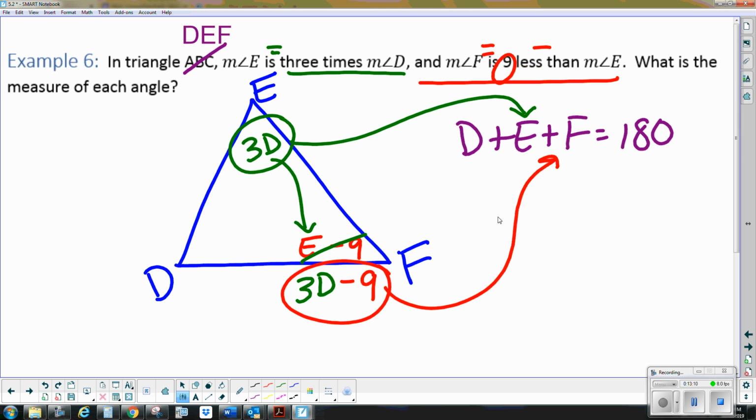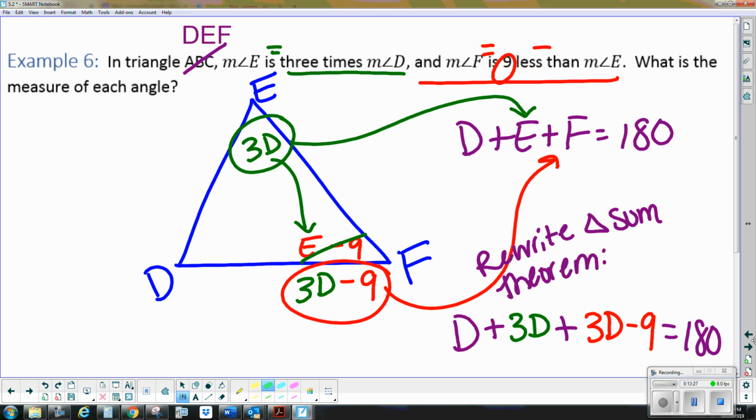So I'm just going to rewrite this now. I have D plus 3D, which is E, plus 3D minus 9, which is F.